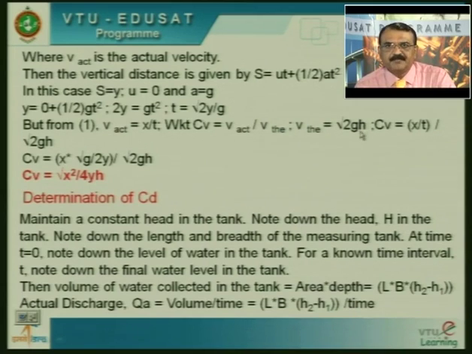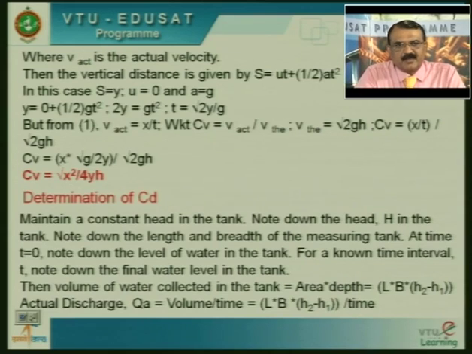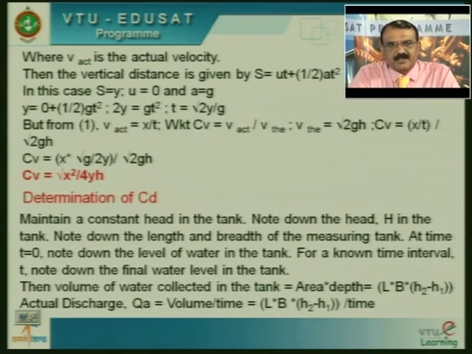Kindly make this correction. This is root of capital H. Then in that case, my Cv is equal to x square divided by 4y capital H. Now, look at the beauty of this equation. If you know the value of x, if you know the value of y, and if you know the value of capital H in the tank, you can easily determine the coefficient of velocity.